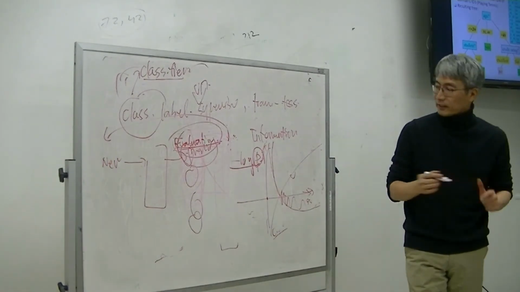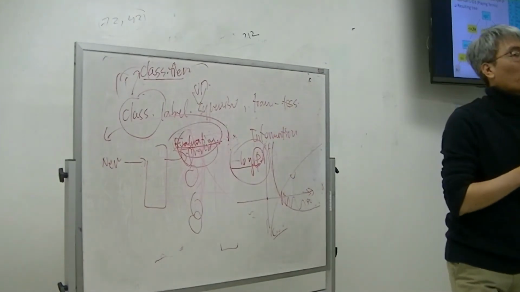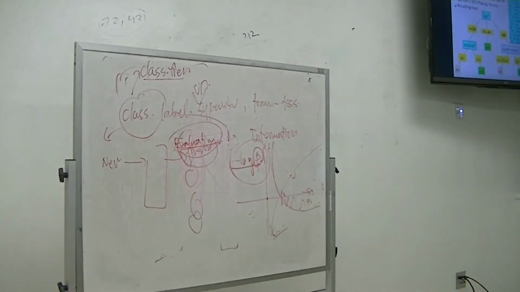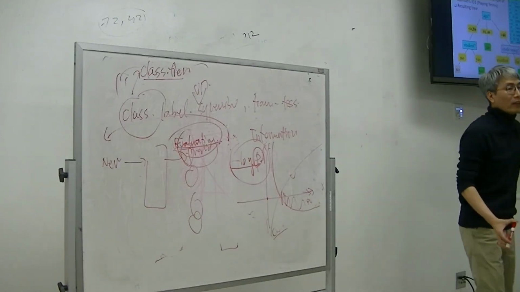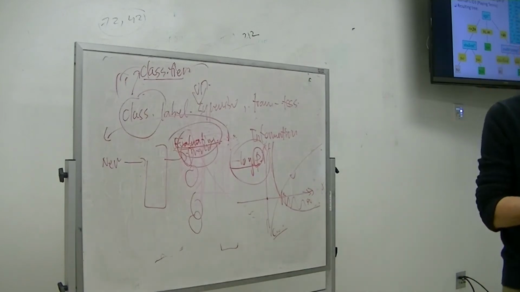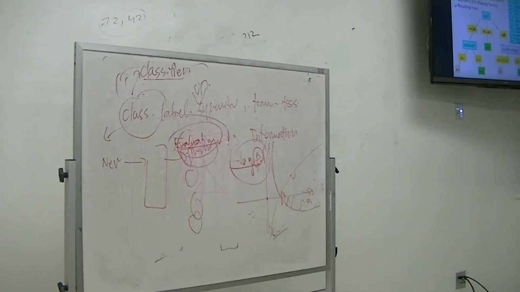Keep this equation in your mind. Then, when we classify buy or not, we try to decide the important attribute, right? When I judge a student, which attribute is the most important: grade, or age, or income?